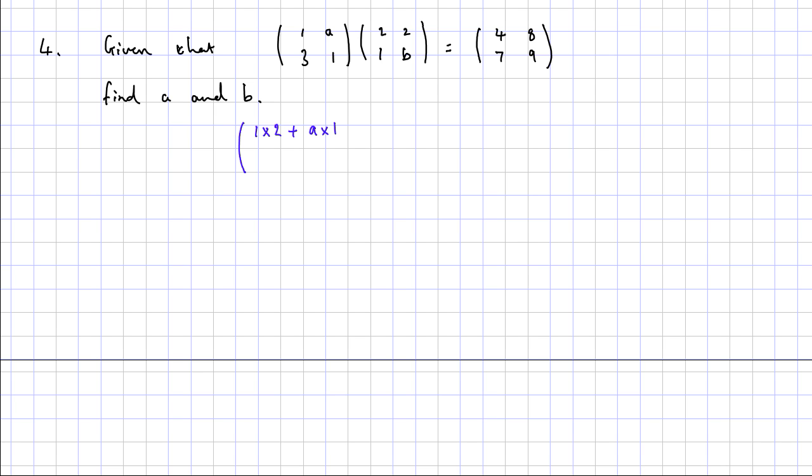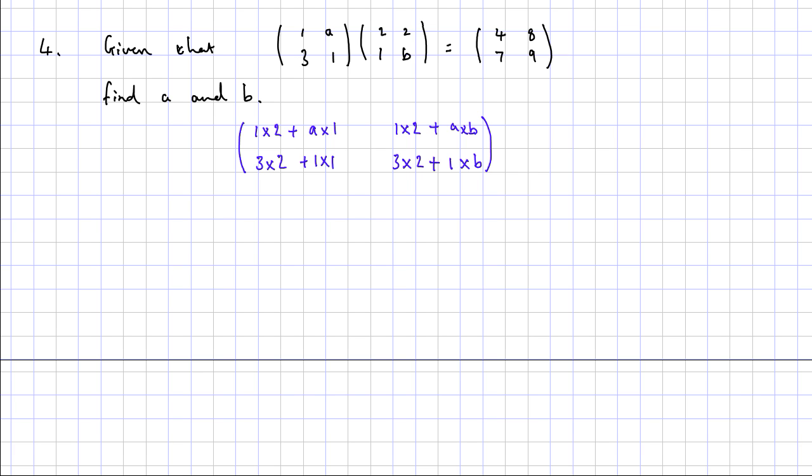Then I have 1 times 2 add A times B. Then I have 3 times 2 add 1 times 1. And we have 3 times 2 add 1 times B.